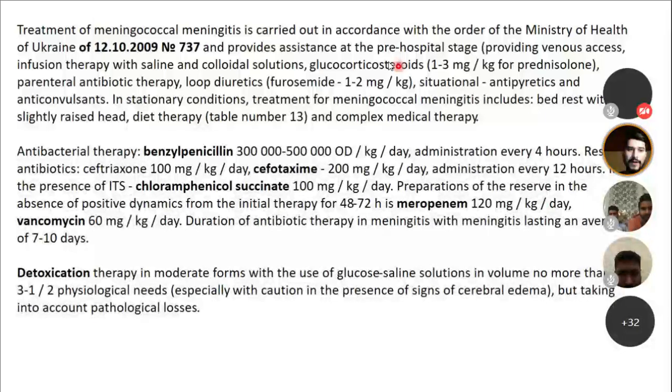So again, the same thing: antipyretics, anticonvulsants, and then right now we're going back to benzyl penicillin. But again, be sure that the person has no allergies to that. By the way, it might be interesting for you: you can Google and see that antibiotic allergy is very frequent in the Indian population.